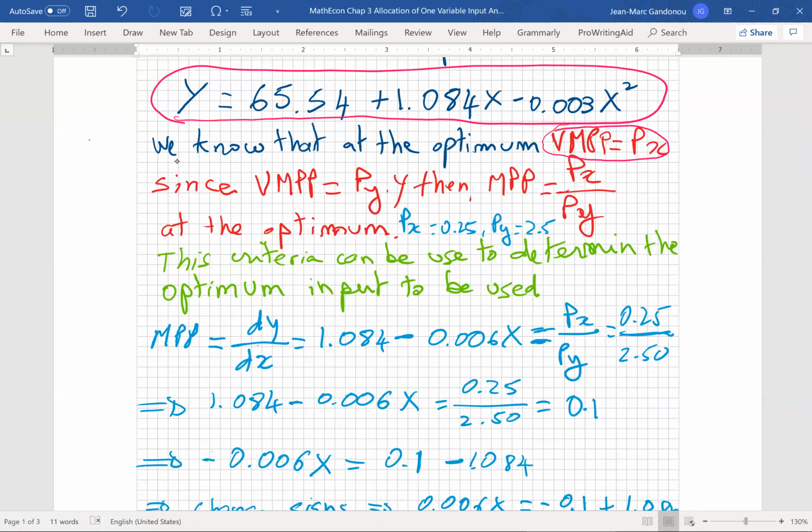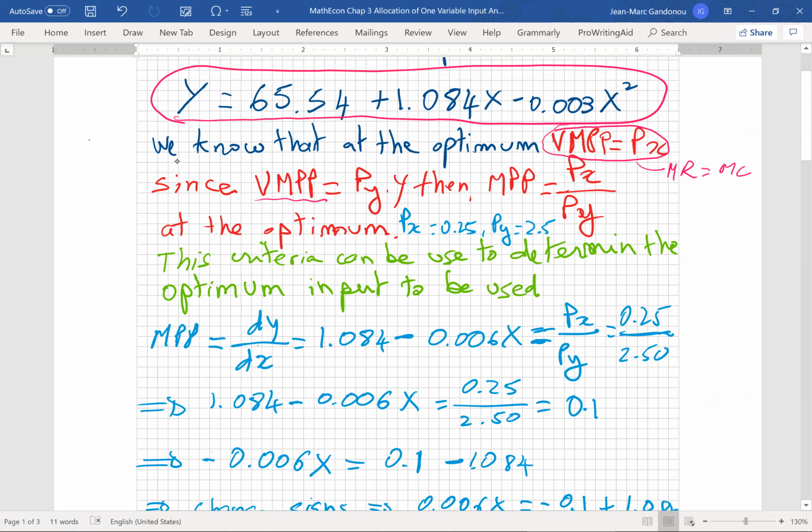And so the value marginal product is the same as marginal revenue, and X is marginal cost. So it's no different from the idea of marginal revenue equals marginal cost. It's the same thing. What is value marginal product?